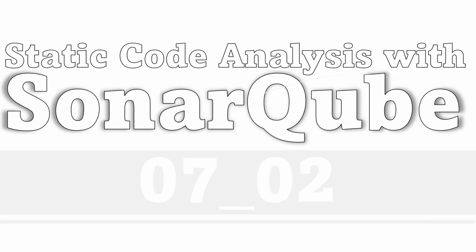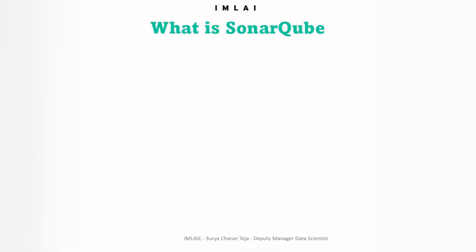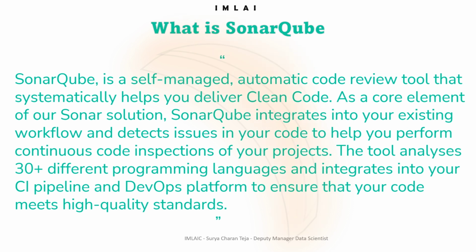Welcome to the second part of seventh module, static code analysis with SonarQube. In the previous part of this seventh module, part 1, we looked at how to test the functionality of an API with Postman, and we have looked into Postman in totality.